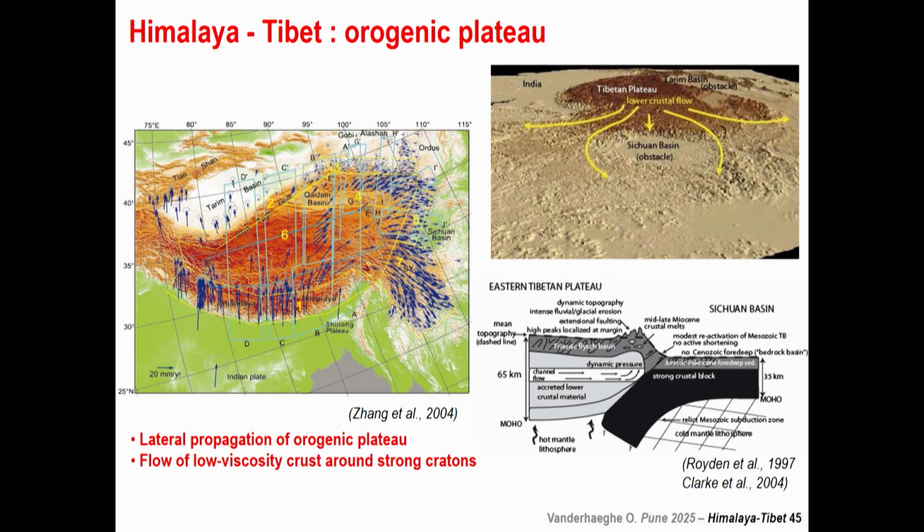This view looks to the west, with India, Himalaya, Tibet, and here the Sichuan basin. They propose that this corresponds to a rigid block, and the lower crust is trying to flow around it, and that this pattern reflects that flow around a rigid block from underneath.